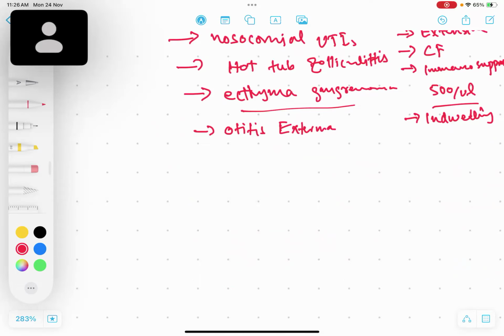So there are a number of toxins produced by Pseudomonas aeruginosa, but the important one is this exotoxin A. Okay. And how does this exotoxin A work? We have already discussed this one.